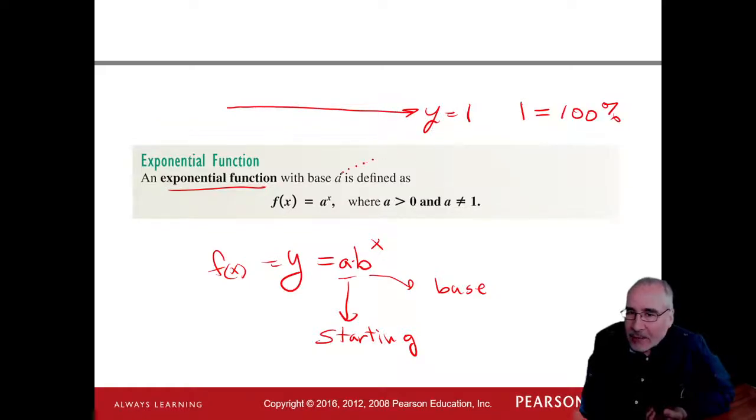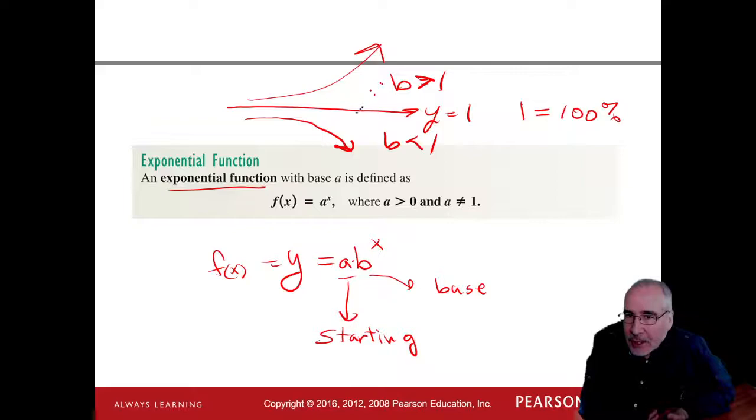If the base is larger than 1, you get an increase. So I'm going to use b. b is larger than 1. If b is less than 1, you get a decreasing function. Less than 100%, you're decreasing. Greater than 100%, you're getting everything back plus more. So for the rate itself, you always take your base and subtract 1.